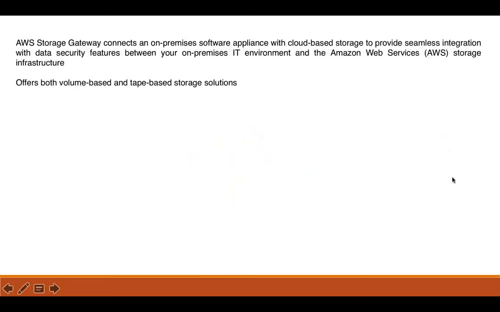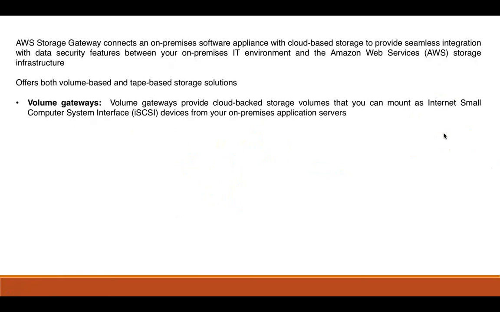It offers both volume-based and tape-based storage solutions. The first category of the storage gateway is called the volume gateways. The volume gateways provide cloud-backed storage volumes that you can mount as iSCSI devices, iSCSI standing for Internet Small Computer System Interface, from your on-premises application servers.